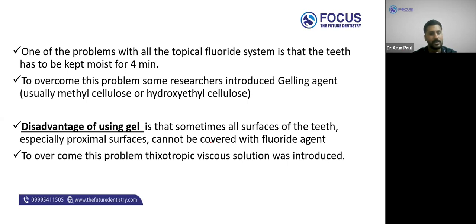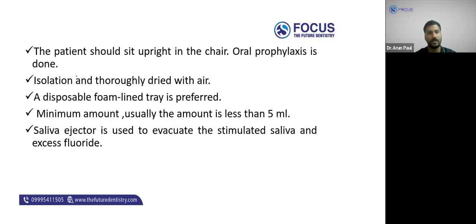These thixotropic gels have a very good property of yielding when you apply pressure, and then they set. So they're a little bit easier to handle. The gelling agents were methyl or hydroxyethyl cellulose. Again, for application of APF, the steps were the same. You make the patient sit upright.